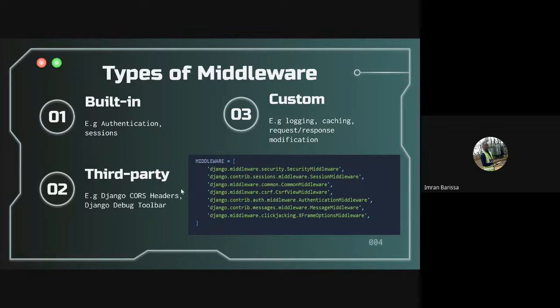Third-party middleware is whatever packages you install that will tell you to add some middleware in your middleware variable. And then there is custom middleware. This is whatever middleware you will create yourself. And for you to add custom middleware, you have to create the middleware.py module in your application.